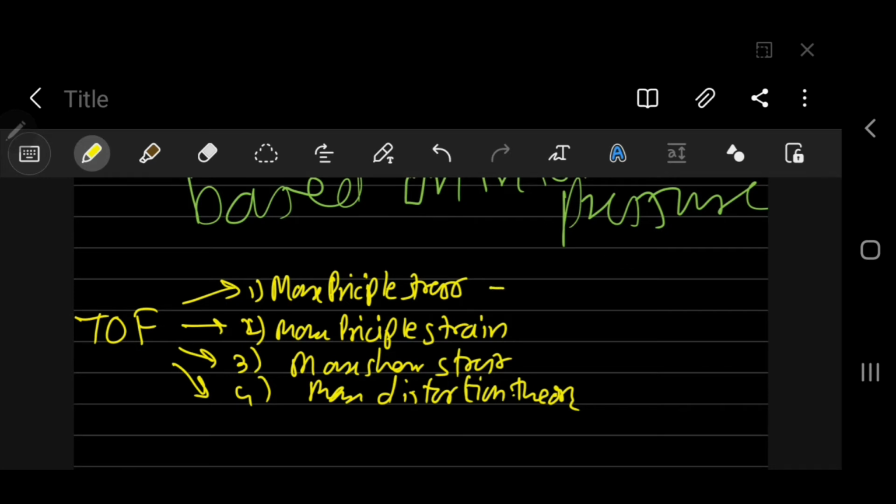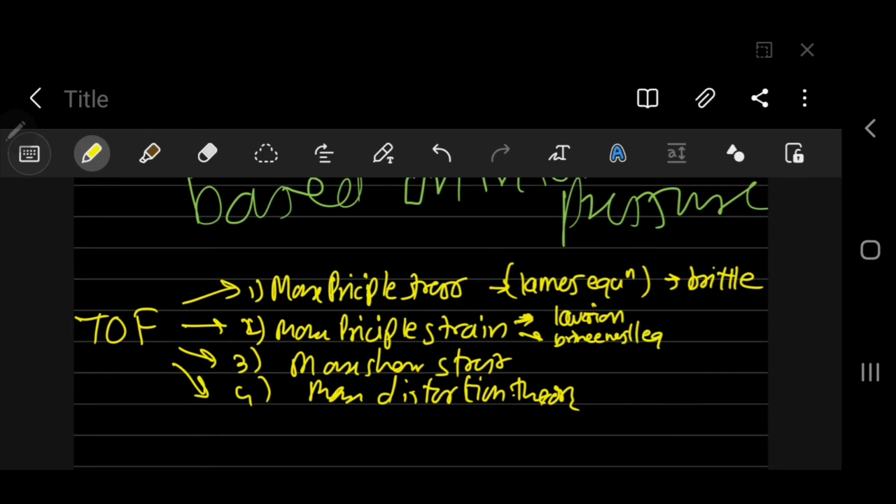So just remember the thickness which will be calculated by the maximum principal stress theory. The equation of that thickness is called Lame's equation, and this theory is used for brittle material. Then the thickness equation obtained by the maximum principal strain theory is called Lagrange's equation or Birnie's equation.